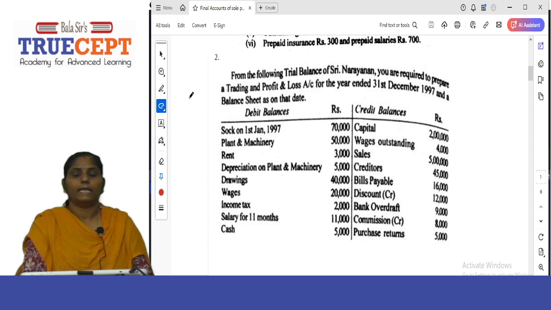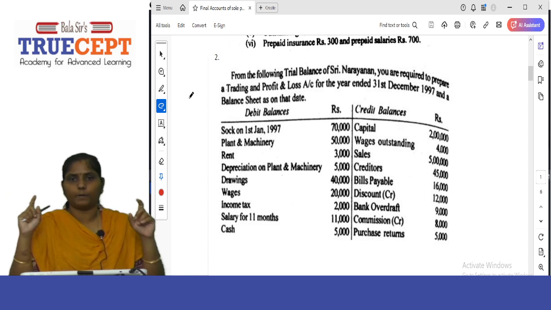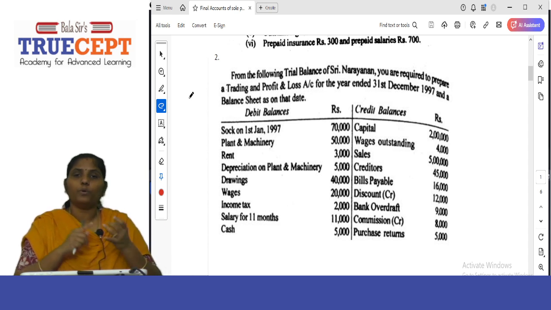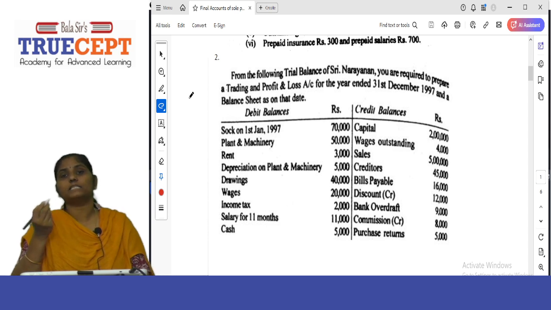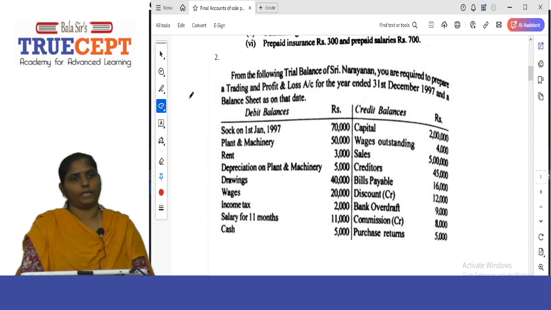You are clear? Any income tax given, any life insurance premium given. See, if only the words insurance premium are given, not life, it is related to business. Check for the words life insurance premium. If it is life insurance premium, then it will be subtracted from the capital. We will treat it as drawings. Clear?